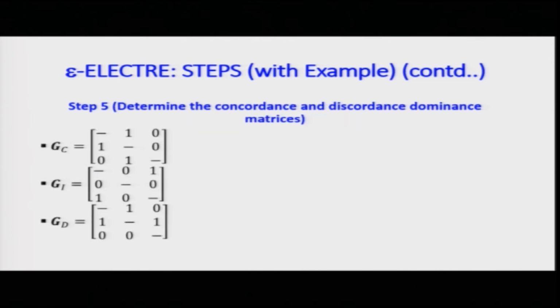So, based on that, once I formulate the G matrix for C, I and D, again you will see these values which I have. I will use the color blue.